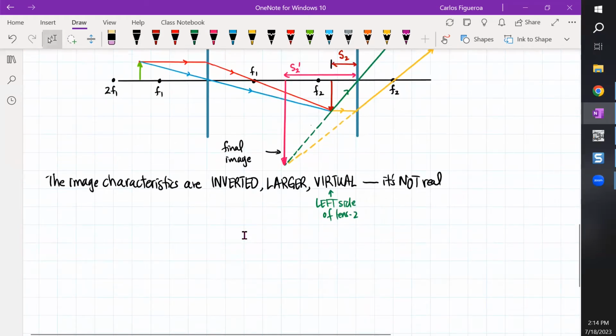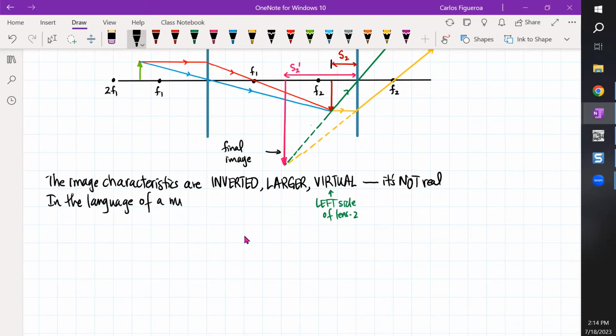So in the language of the microscope, or just of optical instruments, here's what we find. We say that the magnification then is the magnification of the objective lens, which is the first lens, and then the magnification of the eyepiece. But in our language, we'll just call this M1 times M2.